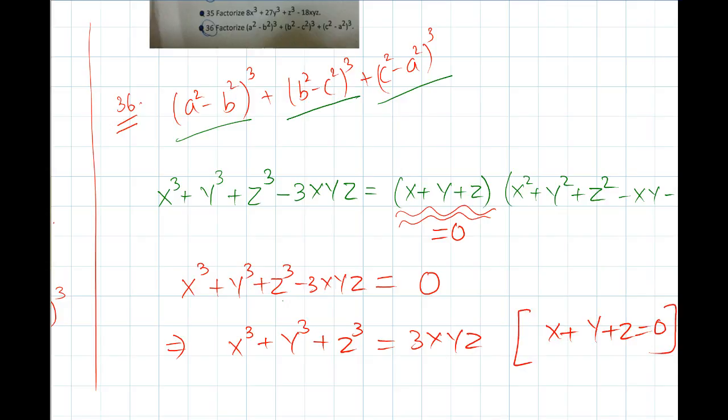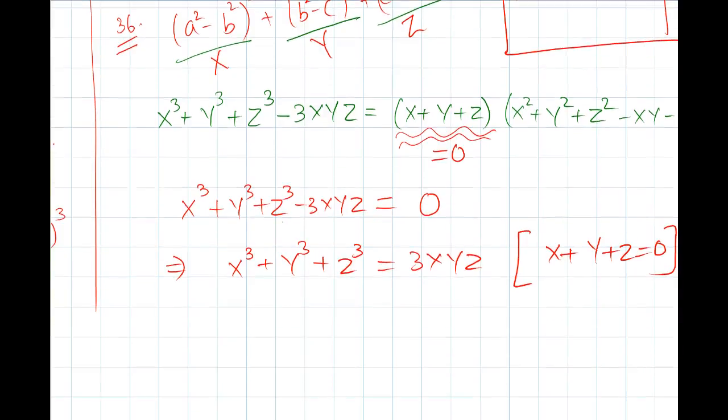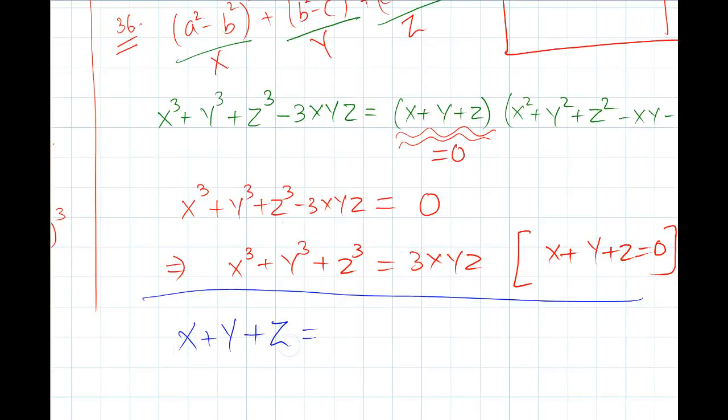Fair enough? So whenever you see 3 cubes, what you have to do is find out which one is your x, which one is your y, and which one is z. And the first thing that you should be doing is finding out the value of x plus y plus z. Now in this case that you've asked, x plus y plus z will be equal to a square minus b square plus b square minus c square plus c square minus a square.